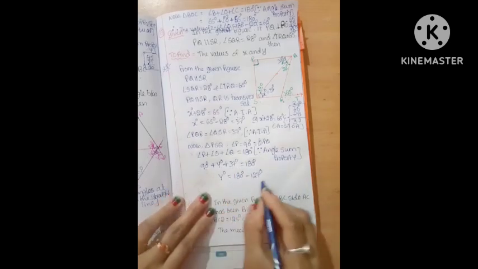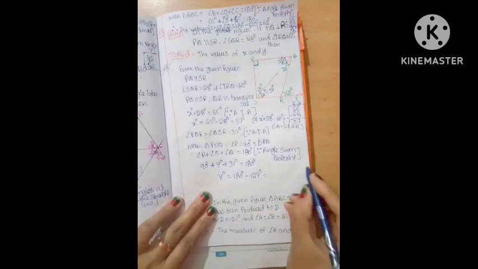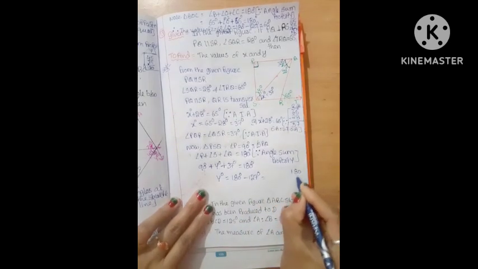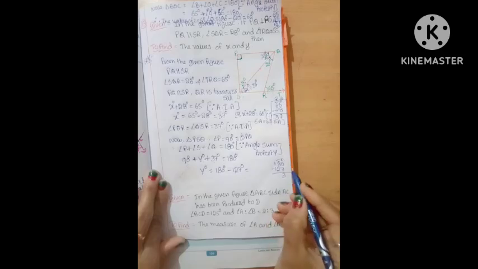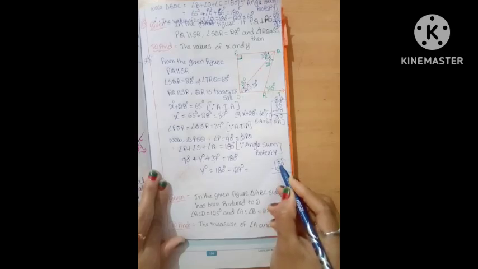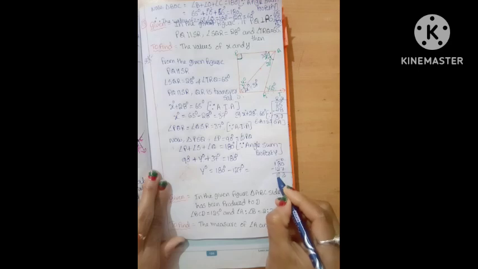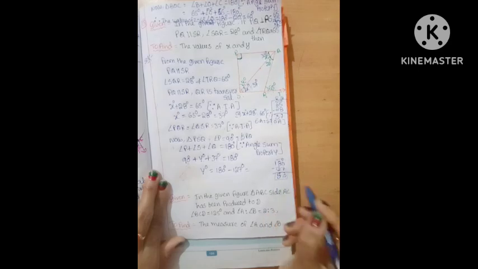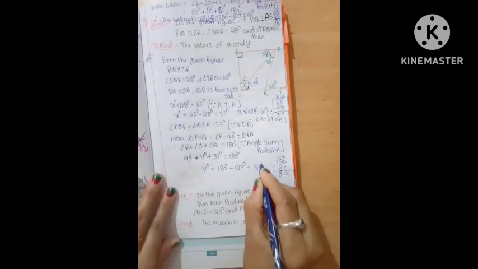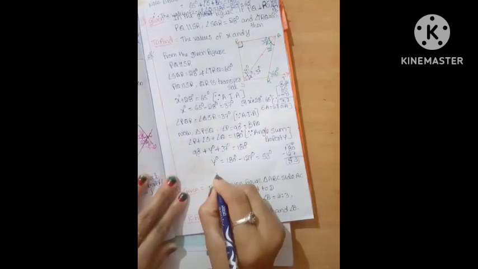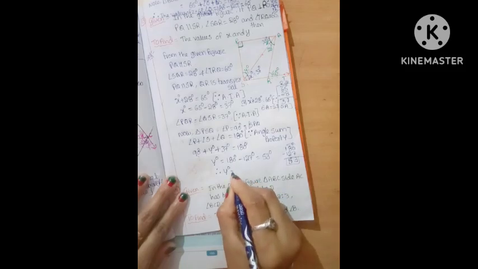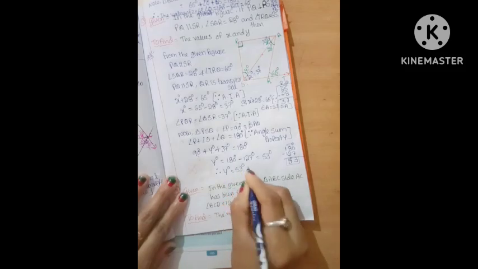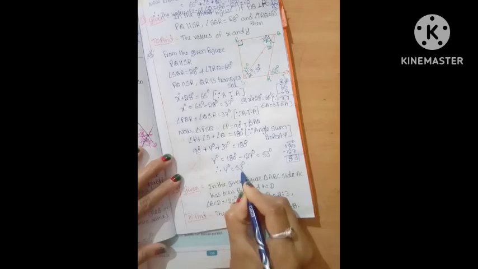Subtracting these two terms, how much angle do we get? 180 minus 127 is 53. Borrowing, 10 minus 7 is 3, and 1 borrowed leaves 4, 4 minus 2 is... 5. So we get 53 degrees. Therefore angle Y is equal to 53 degrees.